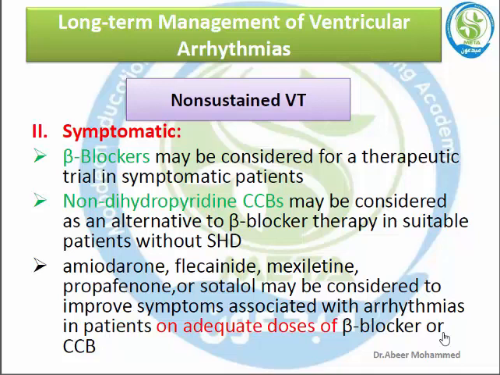Amiodarone, flecainide, propafenone, and sotalol may be considered to improve the symptoms if beta blocker failed, or if the cardioselective calcium channel blocker failed.